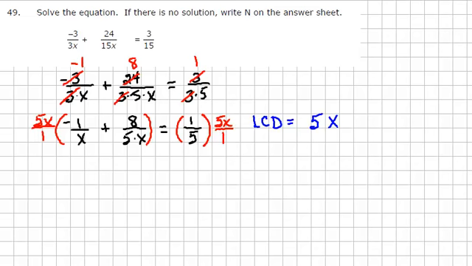So when you multiply, make sure that you just multiply the numerator of each fraction by 5x, not the numerator and denominator. On the left-hand side, we'll want to make sure that we use the distributive property. We'll multiply 5x by the first term, and then 5x by the second term. On the right-hand side, we'll just multiply 5x by the 1/5.